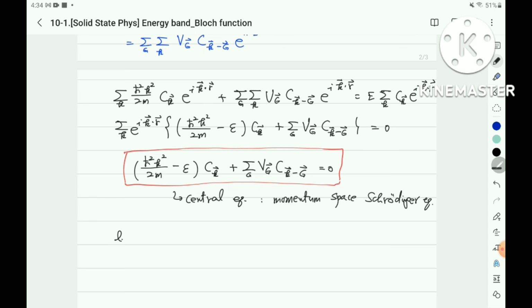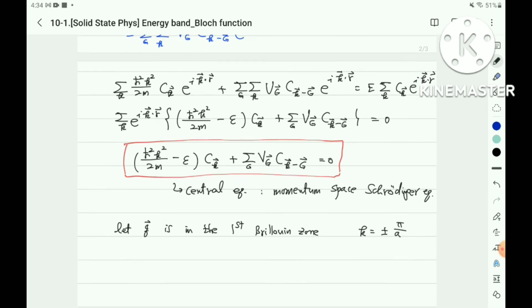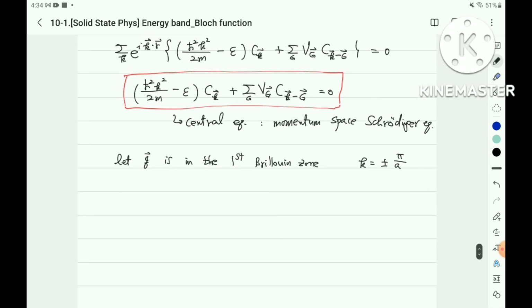Therefore, here let the q vector be in the first Brillouin zone. Brillouin zone means that k space is within plus minus pi over a, where a is the lattice spacing, and it is the first Brillouin zone.